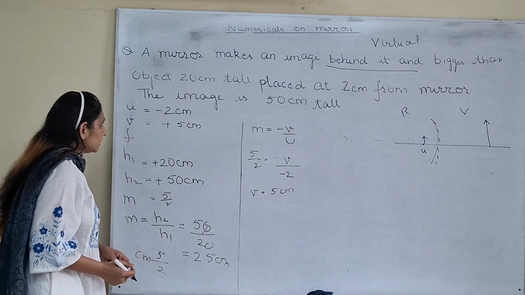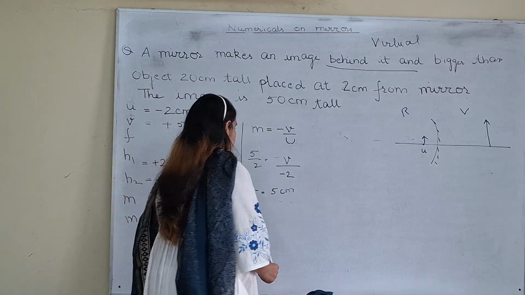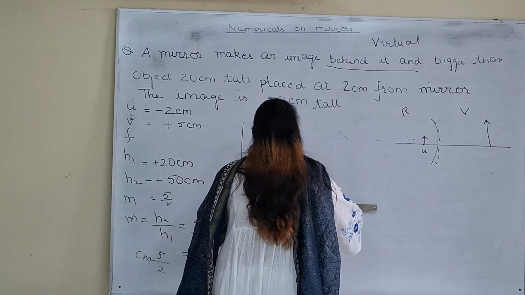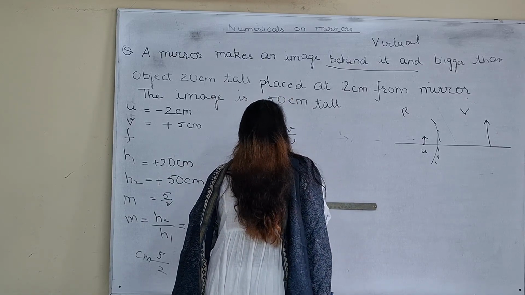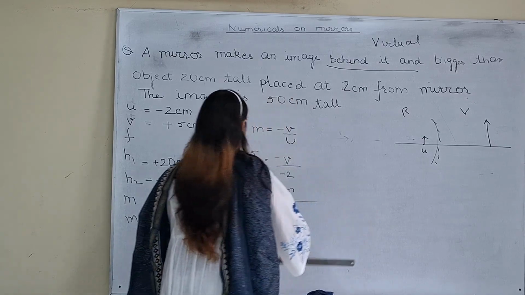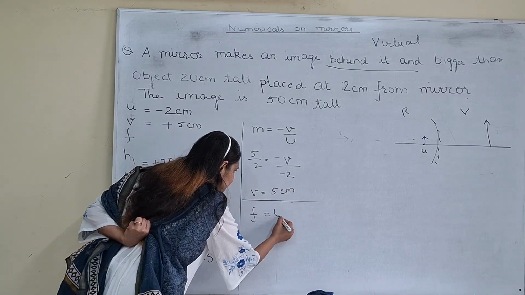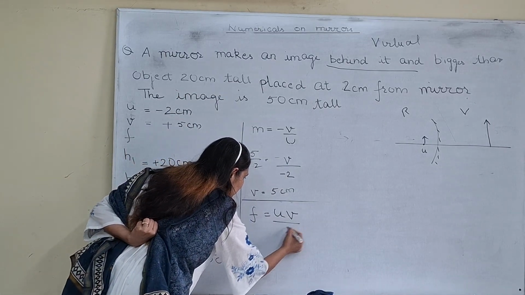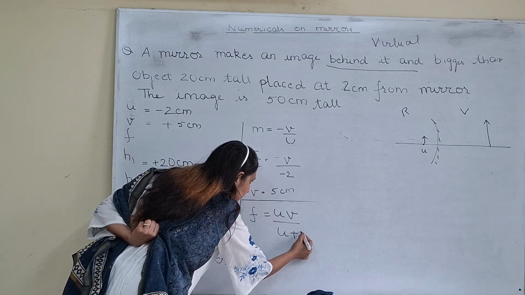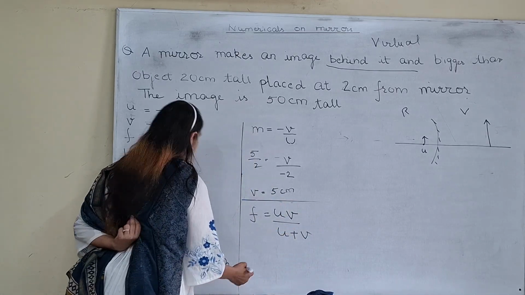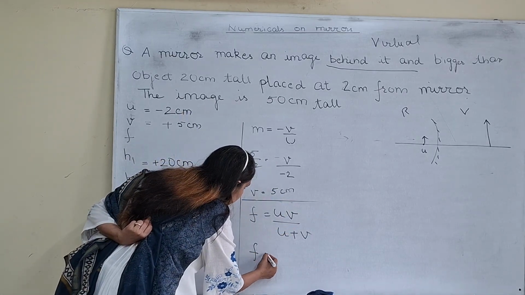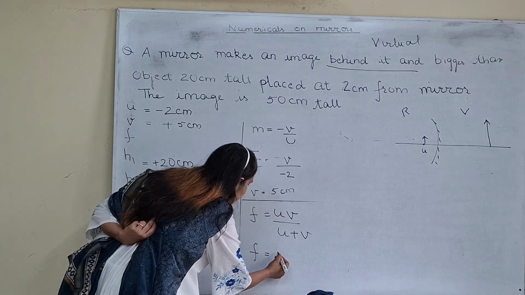So now we can apply the signs also and calculate focal length also by the mirror formula. Okay, we'll find the focal length. Do we have u and v?